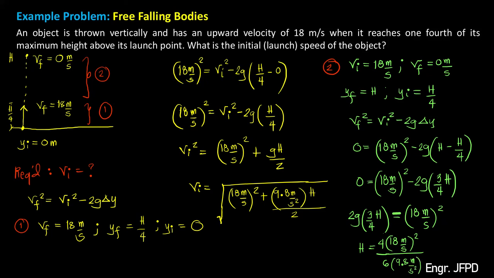Then solving for the maximum height, just input this on your calculator: 4 multiplied by 18 squared divided by 6 times 9.8, and this will be equal to 22.